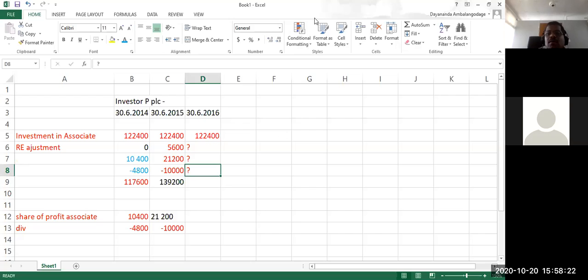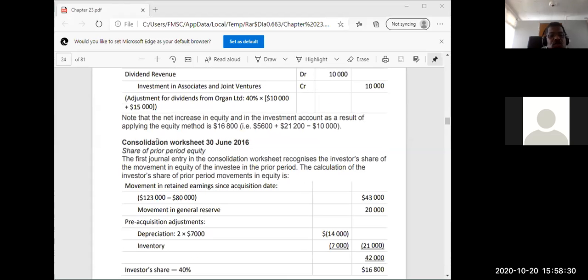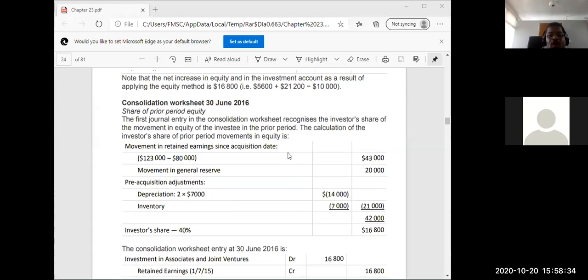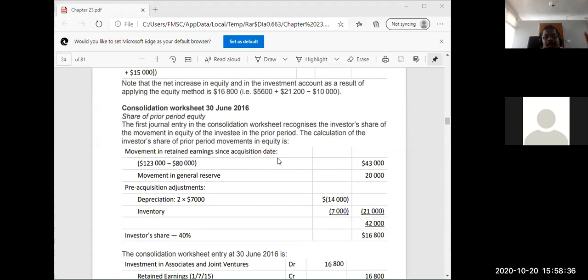Shall we go back to our question and see how the third year calculation takes place? Here, the consolidation worksheet 30th June 2016. Just look, now we are taking the retained earnings for 2 years, not for 1 year. You can remember 80,000, that is the acquisition date retained earnings.